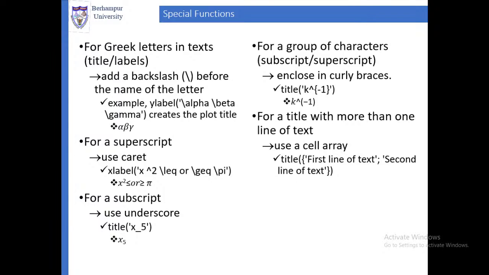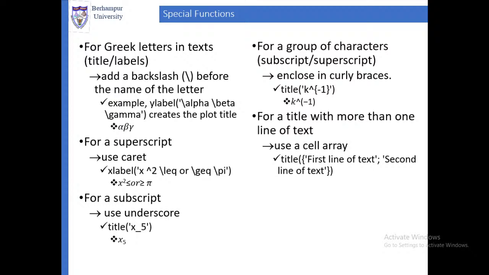Then backslash leq, lower than or equal to, or less than or equal to; backslash leq means less than or equal to. So it will be x square, then the less than or equal to sign, and then backslash geq, greater than or equal to, then backslash pi.